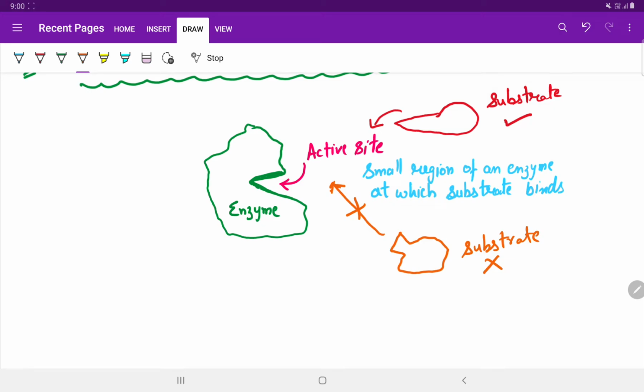So, now let us see what are the different theories that govern the attachment of the substrate with that of enzymes on the active site.